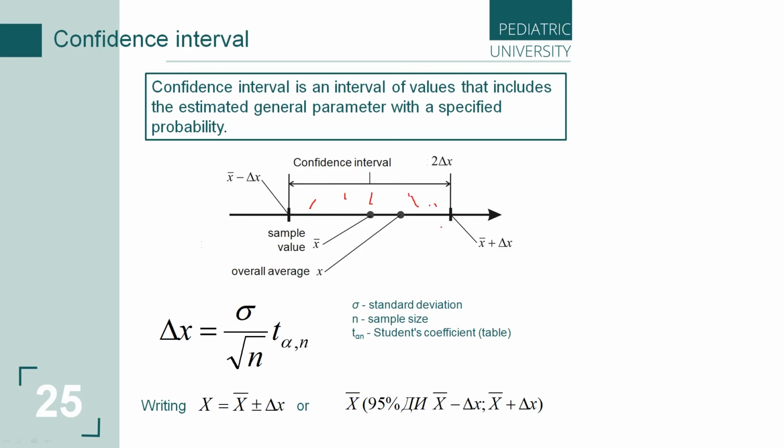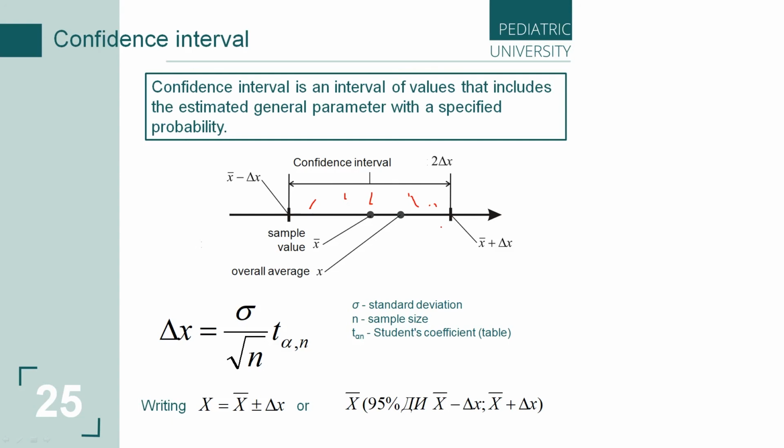Or if we draw another sample from that population, then with some probability the new sample mean will lie in that same interval. The character is probabilistic, but it also allows us to infer from the sample to the general population.